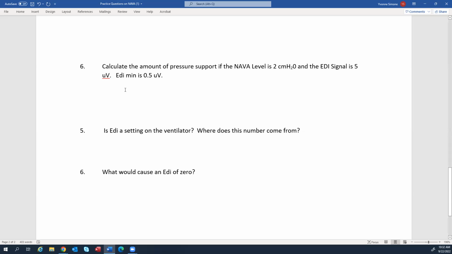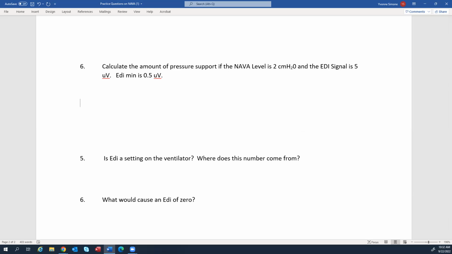So it's going to be 5 minus 0.5, so the EDI signal times NAVA level of 2.